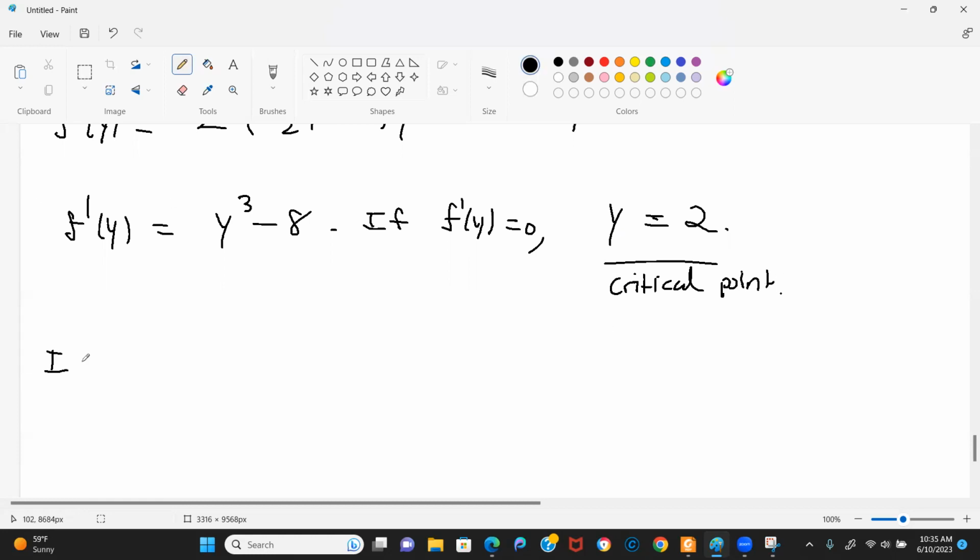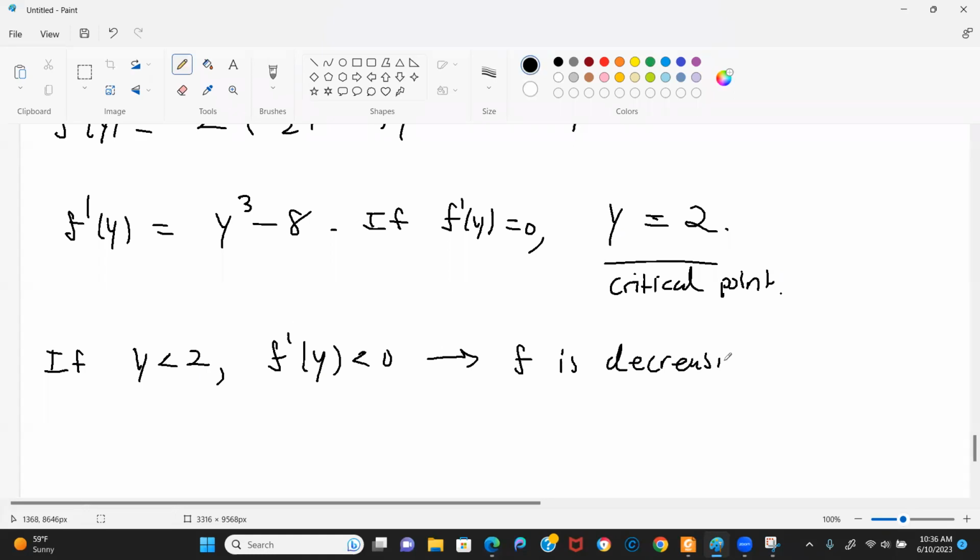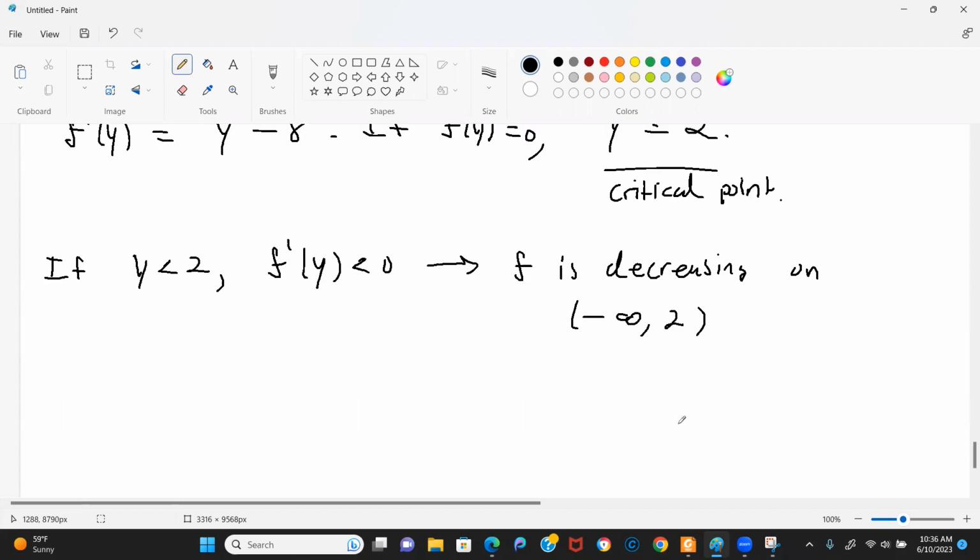You'll notice that if y is less than 2, then f prime is negative. So this means that f is decreasing on the interval negative infinity to 2.